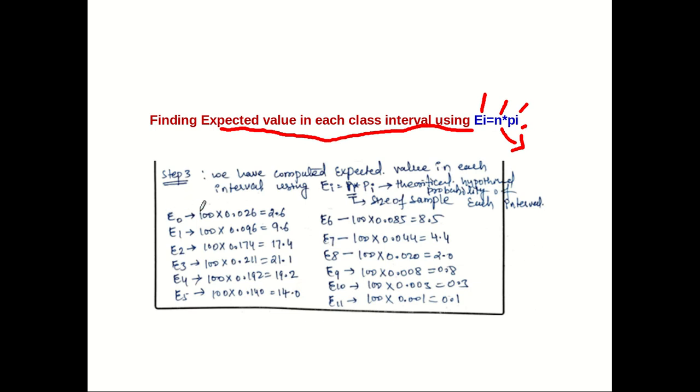So E0 equals 100 into 0.026, and we get 2.6 as the expected value in the first class interval. This is the expected value in the second class interval, the third class interval, and so on. The expected value in the last class interval is 100 into 0.001 equal to 0.1, right.